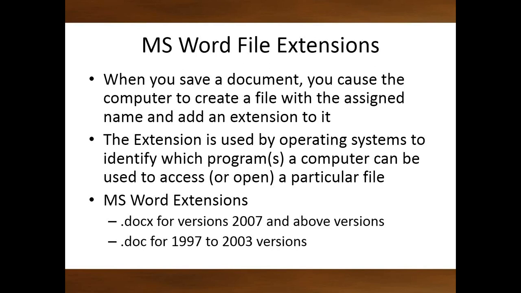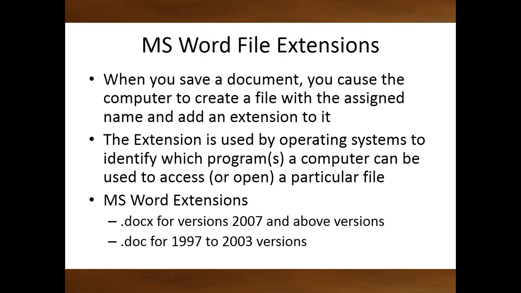So the computer looks at the file, looks at its extension, and then determines that, okay, for this particular file, this is the program that can be used to access it, or these are the programs that can be used to access it.